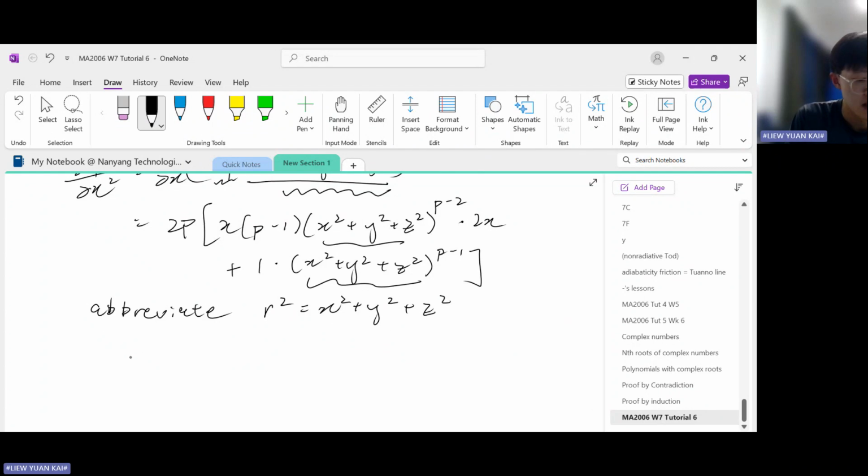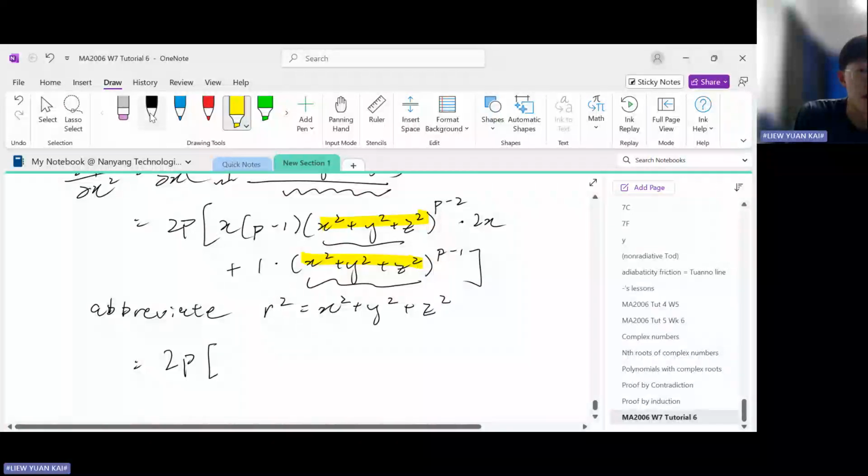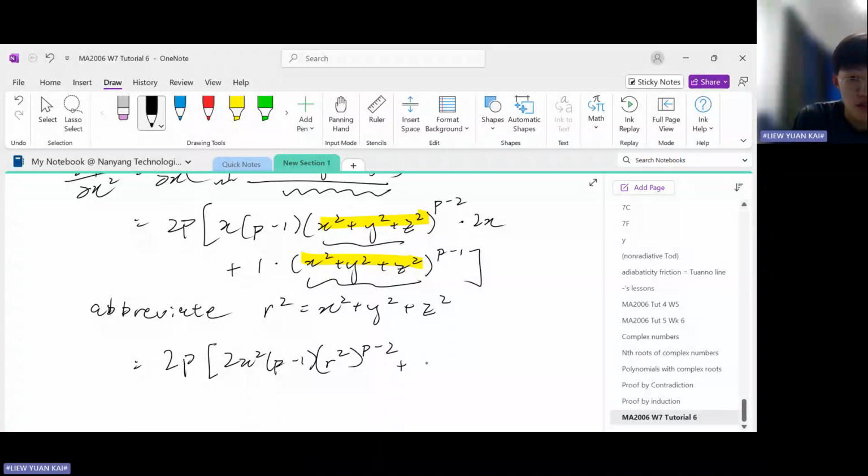Then this will be 2p, and you see I can replace this with r squared, this with r squared. If I simplify the first term, it will become 2x squared p minus 1 r squared to the power of p minus 2, plus r squared to the power of p minus 1.